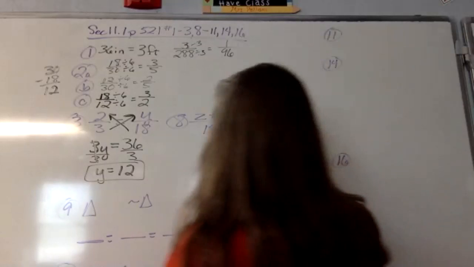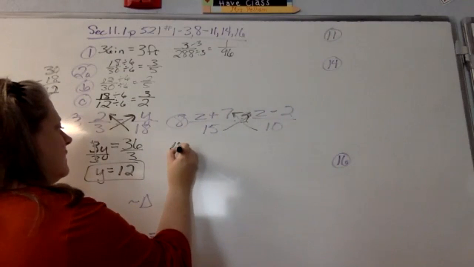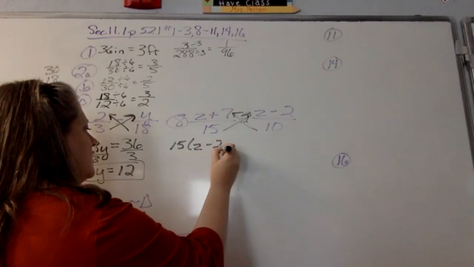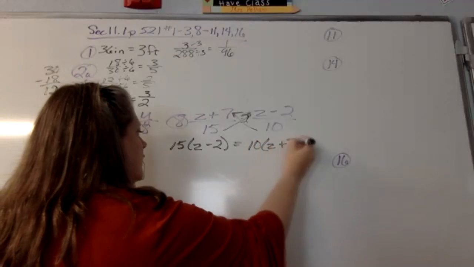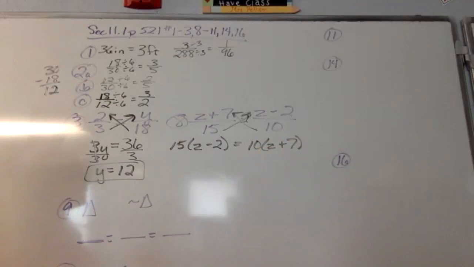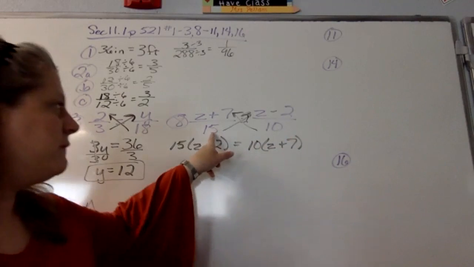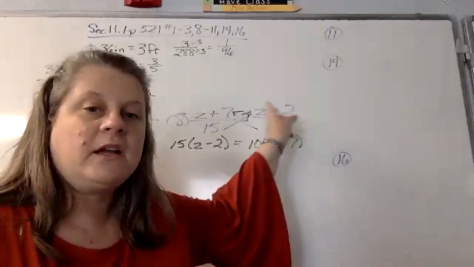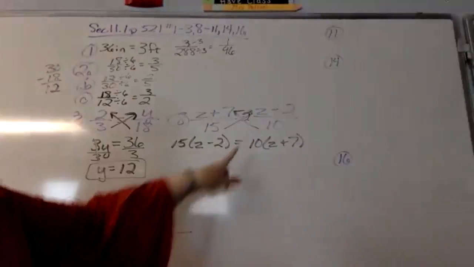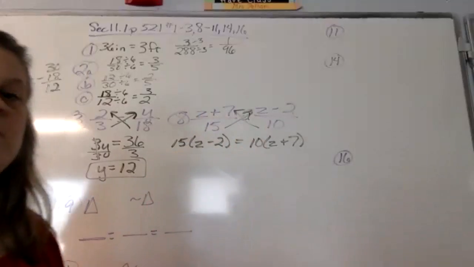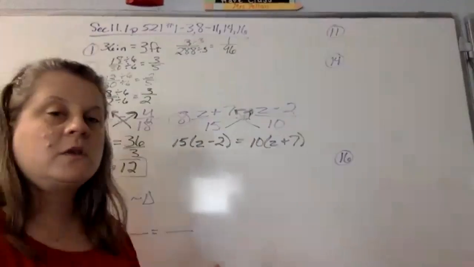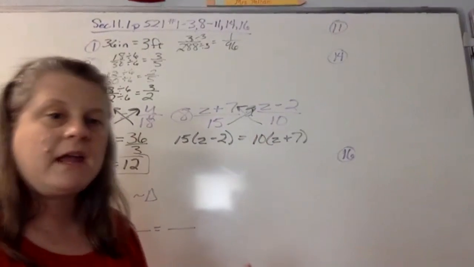So I will have 15 times z minus 2 is equal to 10 times z plus 7. When you are multiplying like that, you have to multiply the 15 times the entire numerator on the top and the 10 times the entire numerator on the top on the other side. So we end up having to use our friend that never goes away, the what property?